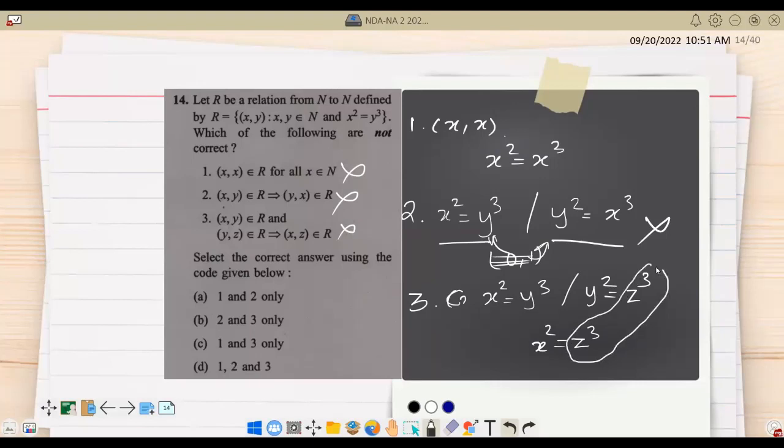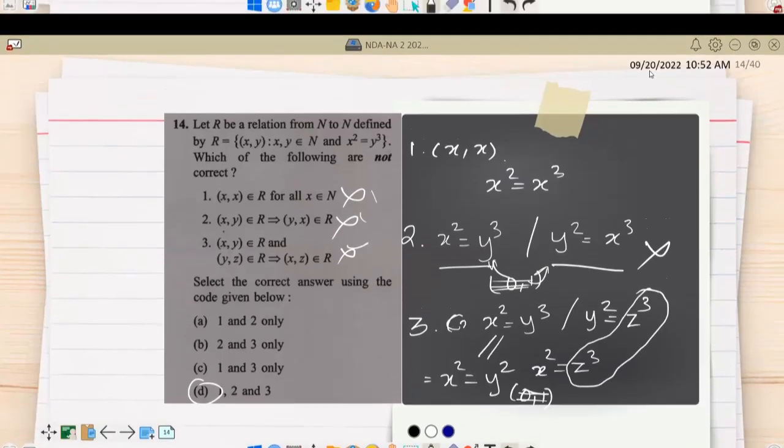Since z cube is on the right hand side of both equations, we can write x square equal to y square. Again, there's a contradiction that only holds true for 0 and 1, not all natural numbers. So 3 is also false. So the answer is option D, 1, 2, and 3. All of these options are false.